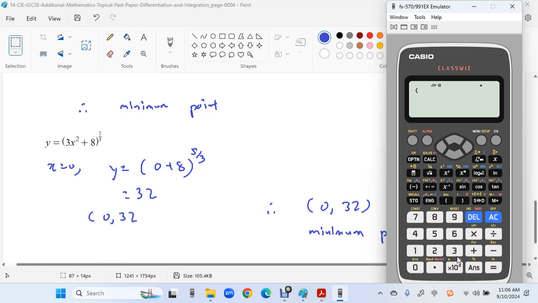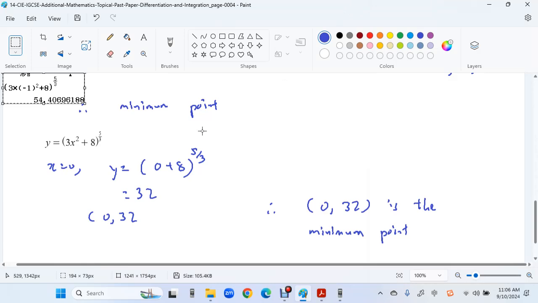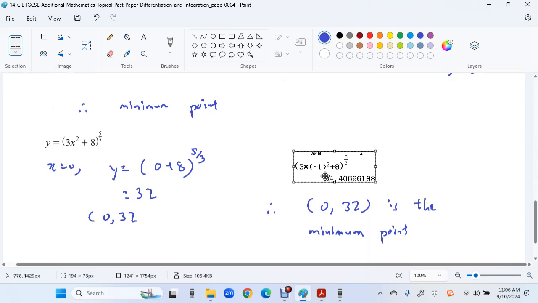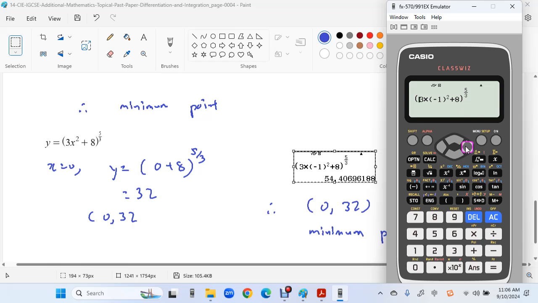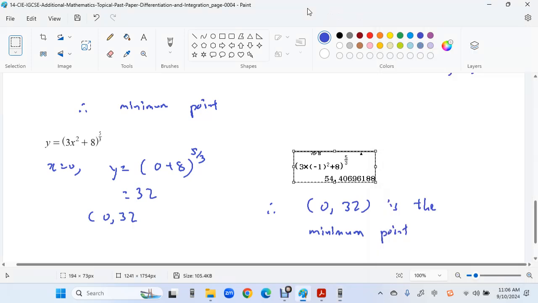Let's say we have negative 1, the point nearby: 3 times negative 1 squared plus 8, to the power 5 over 3, will be greater than this value. And then if we have 1, it is also the same.